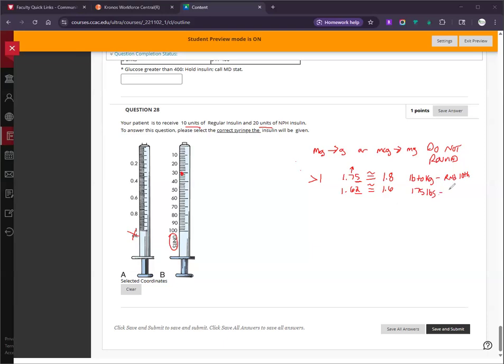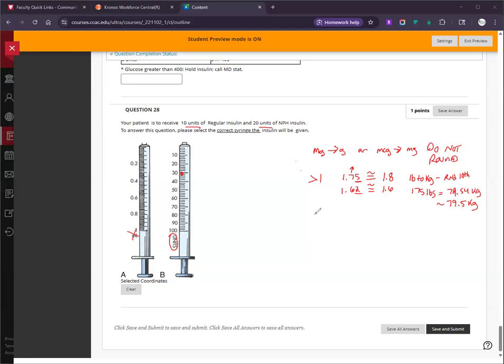So I'm going to get 79.54, that's kilograms, and you would round that to 79.5 kilograms. There are some instances where it makes sense just to round that to 80 kilograms, but for the dosage calc test, round to the nearest tenth, because that's what I've been told to tell you, and then now you know.